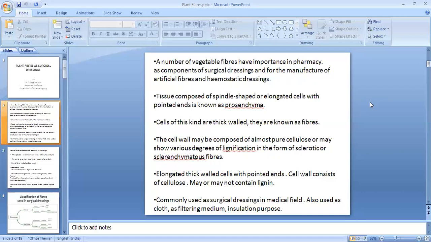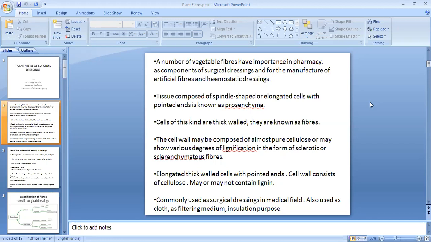On the other hand, fibers can be called elongated thick-walled cells with pointed ends. The cell wall consists of cellulose and may or may not contain lignin. These fibers are used as surgical dressings in the medical field.